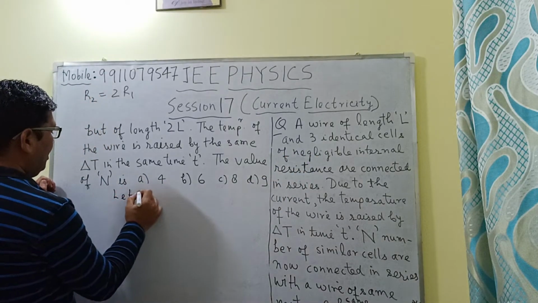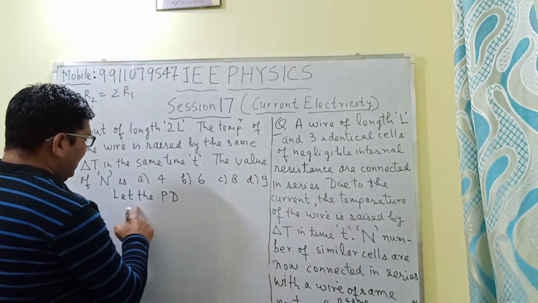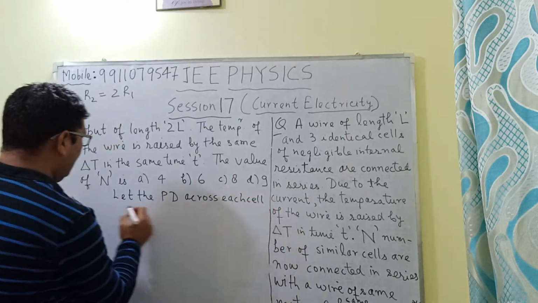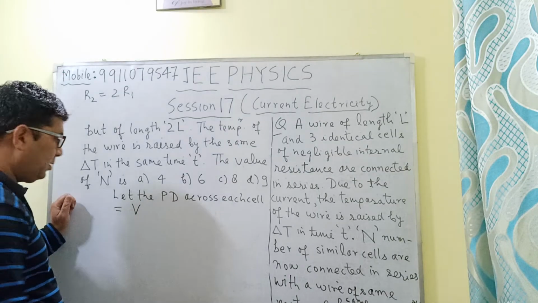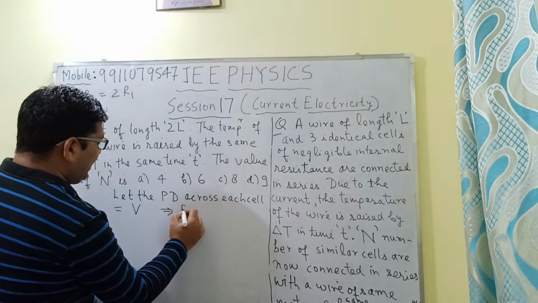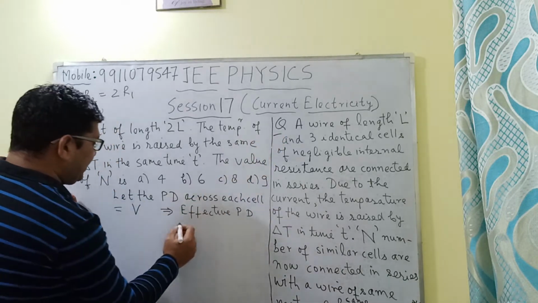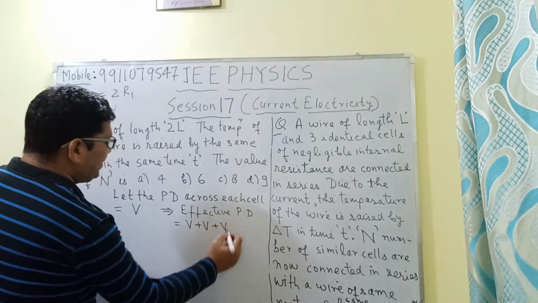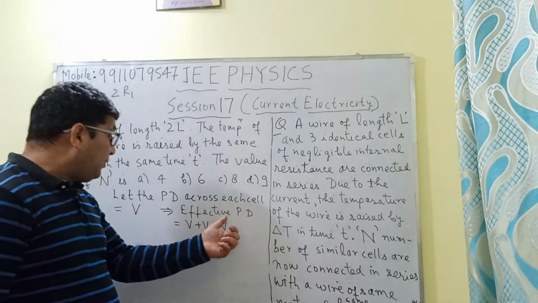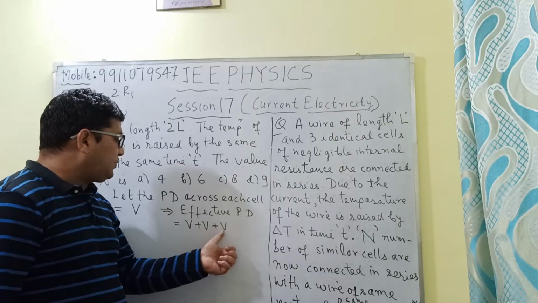So let the potential difference, here I am writing this potential difference as PD, let the potential difference across each cell be equal to V. Then it implies that the effective potential difference in the first case will be equal to V plus V plus V, because the effective potential difference in a series circuit is equal to the sum of the potential differences across each cell.